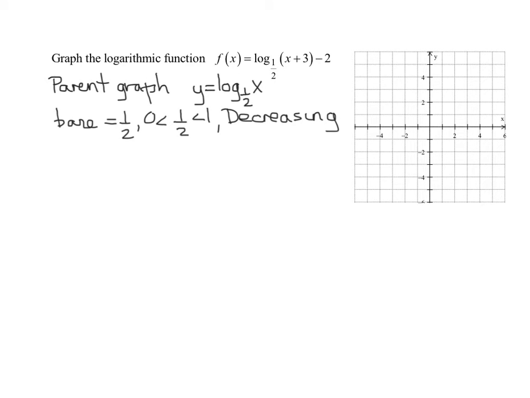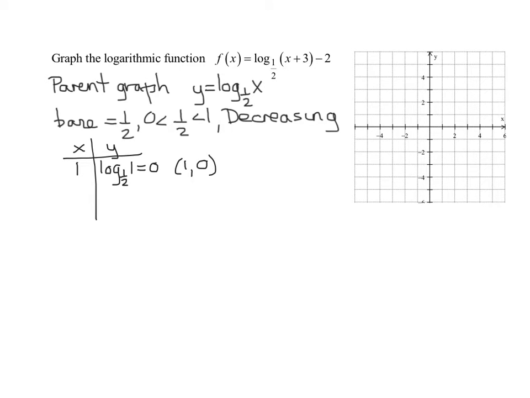So we need to figure out a couple of accurate points on this graph. So I'm going to draw a t-chart. The first point is always when x is 1, because log to any valid base of 1 is always equal to 0. That's one of my key points.